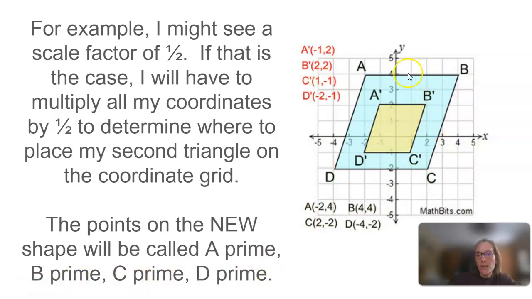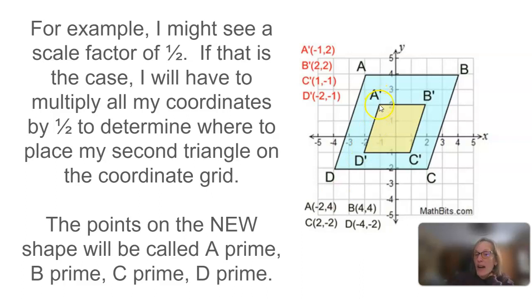Okay, here's my image, everybody. My original image is A, B, C, D, right? A, B, C, D. My scale factor is 1/2. So that means I have to take all of my coordinates and multiply them by the scale factor to get a new shape.